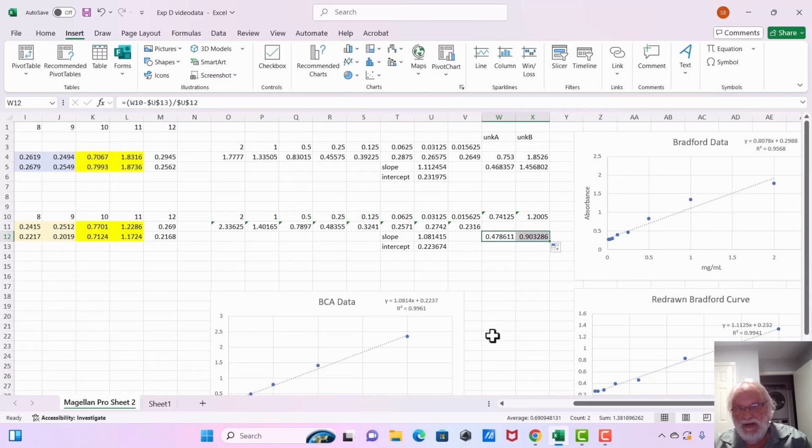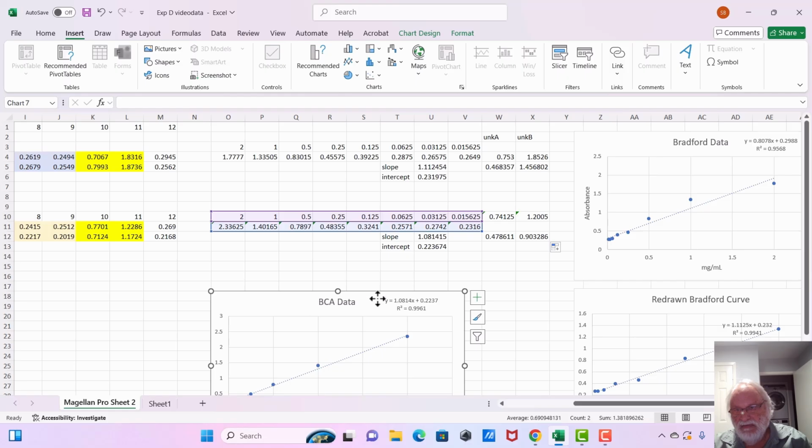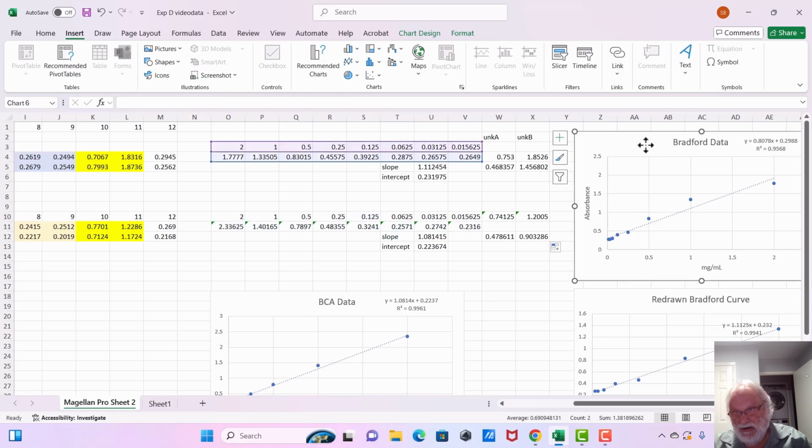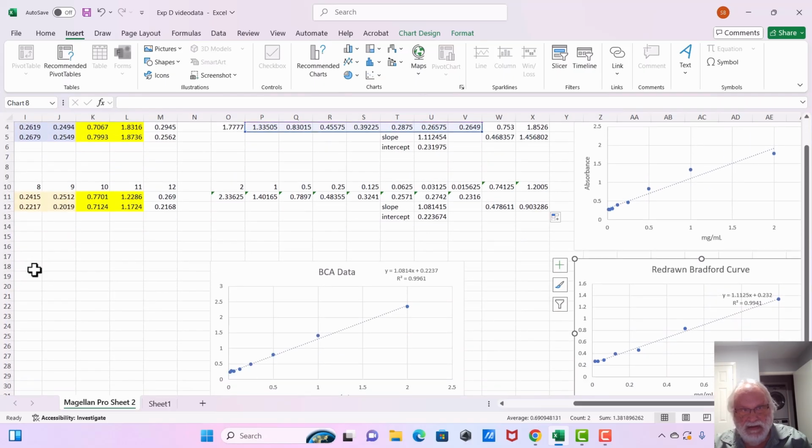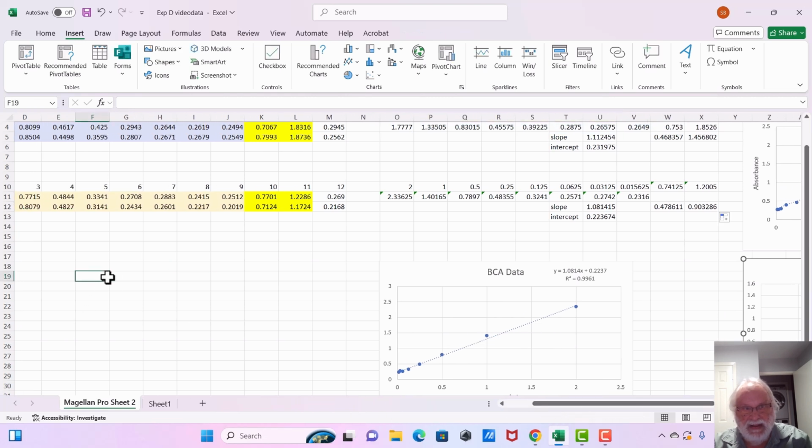So in your report, I want you to include the BCA data curve and the Bradford data curve that you changed, and have put this curve in. And I want you to generate a table that looks something like this. Let's go ahead and enter the table in here.